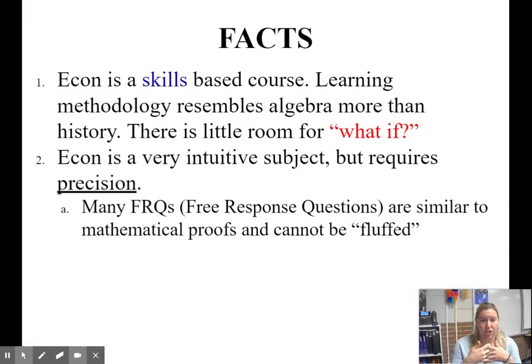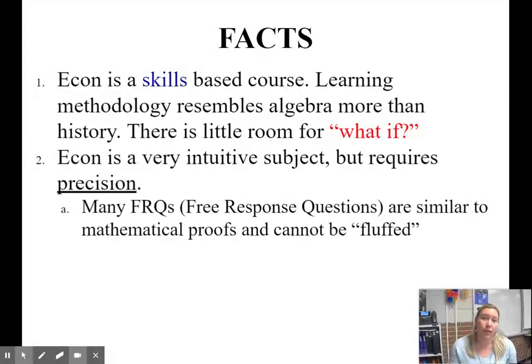It's this combination of social studies, which is the human element, and science, which is the fact-based theories that are provable. So when we think about AP Micro, we're really learning methodology that resembles more of an algebra class or a math class or a science class.